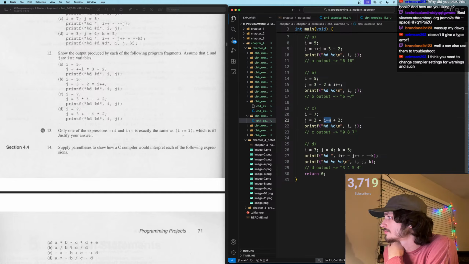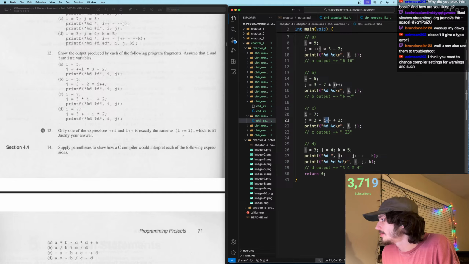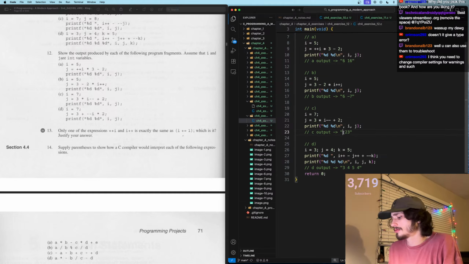So 7 goes here. Times 3 is 21 plus 2 is 23. So that's J. J is 23. I, on the other hand, is 7 minus minus, postfix, 6.